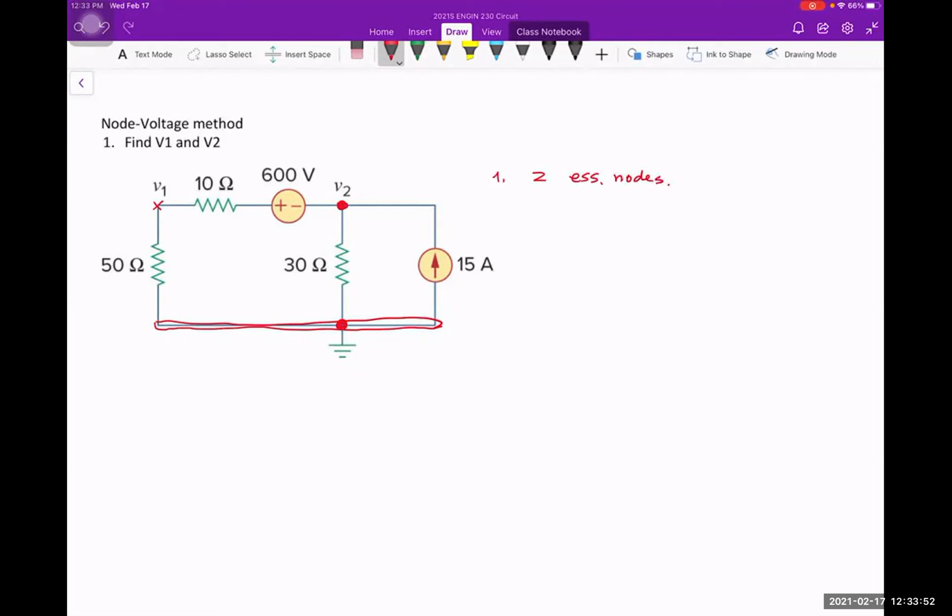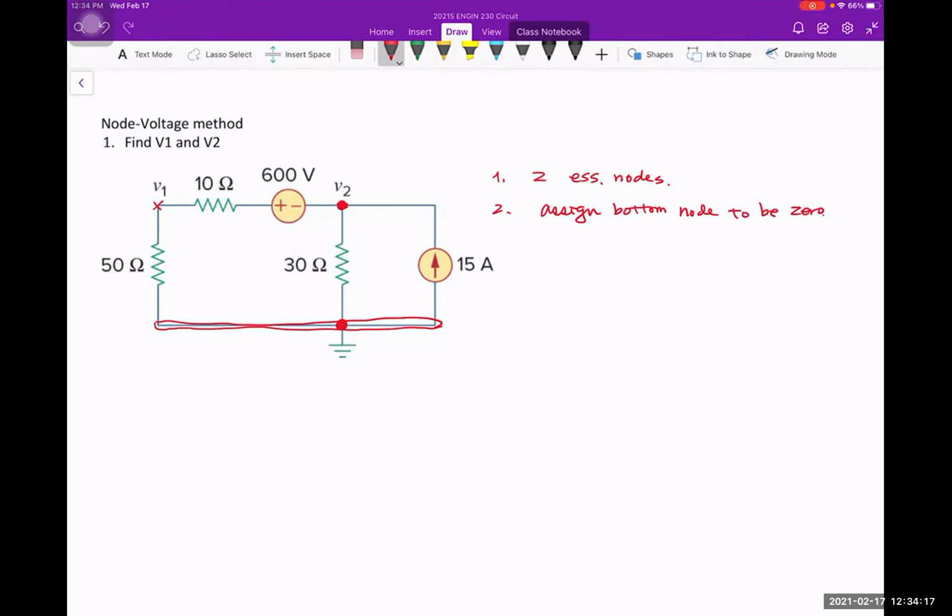So identify 2, right? Now the second step is you're going to assign one of them to be the reference node. So it's ground, okay? So I assign the bottom one to be the ground.